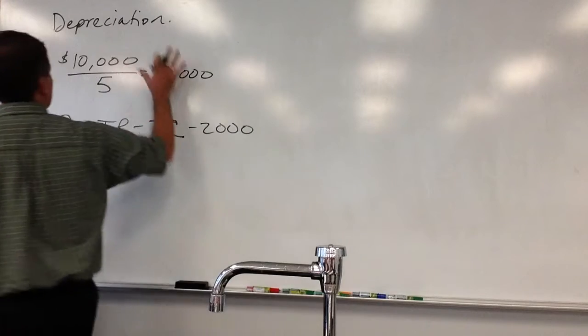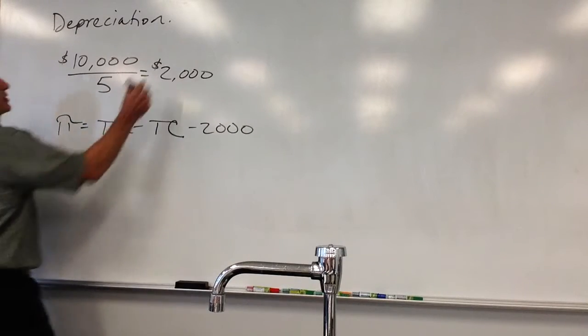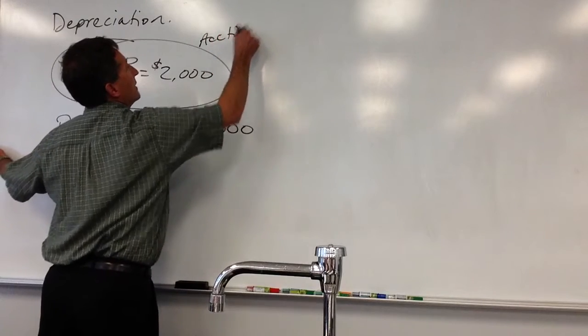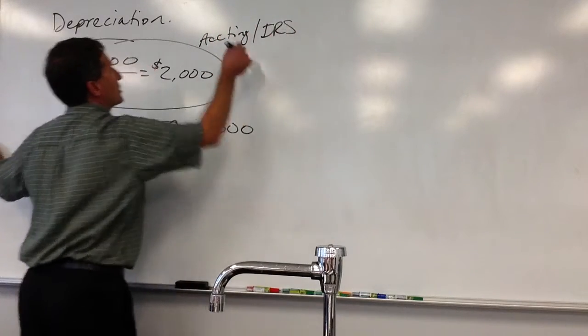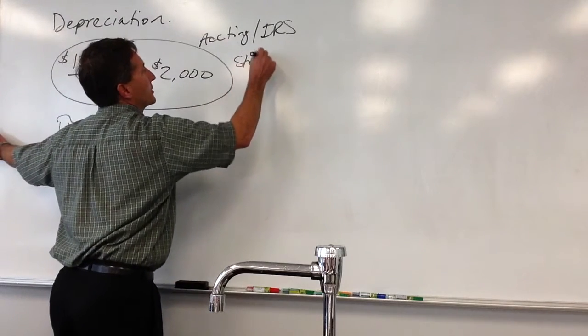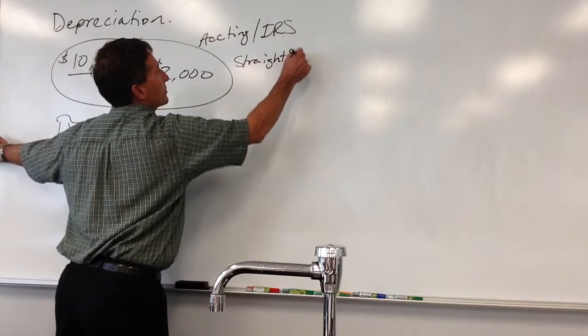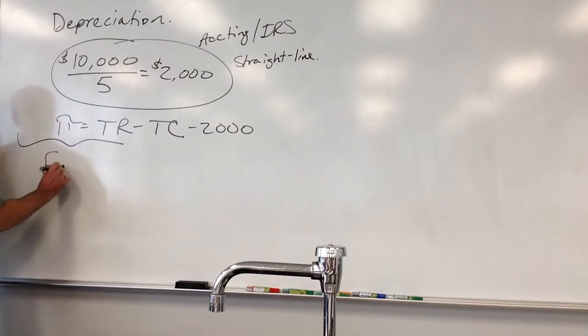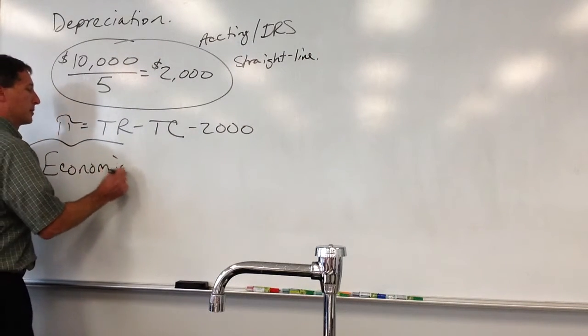So this is accounting depreciation, which would be IRS depreciation, and this is referred to as straight line depreciation.